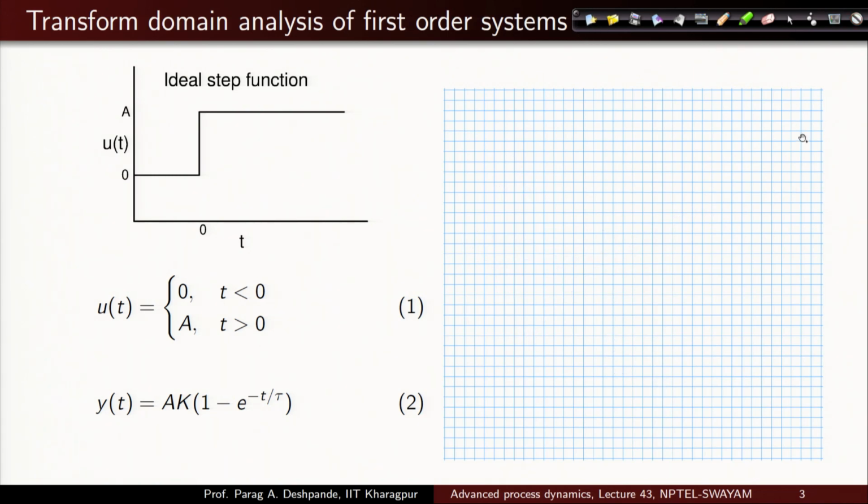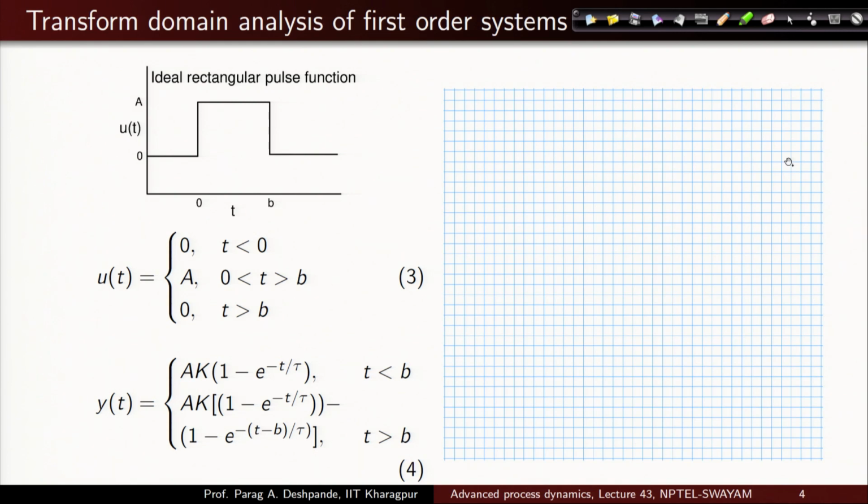Let us move ahead to a new forcing function, the ideal rectangular pulse function. My rectangular pulse is like this: for time t less than 0 there was no disturbance, and from 0 to b you provide a positive A step input, and then a negative A step input at b, so that you come back to the original 0.